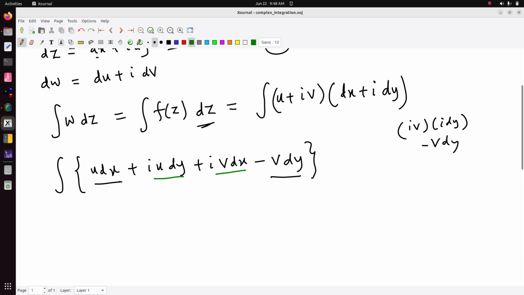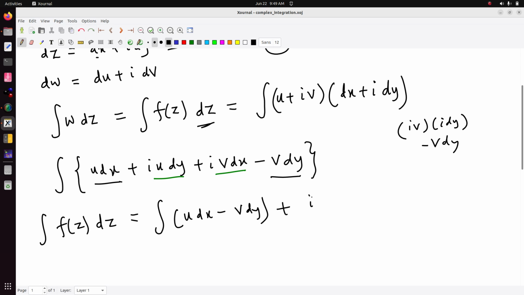Okay, so in essence, we can write the integral of a complex variable with respect to z as, so we take the integral of the real part, u dx minus v dy, then for the imaginary part, plus i integral, so you can say u dy, or you can start from v dx first, if you're taking dx first, but it's the same thing, plus u dy.